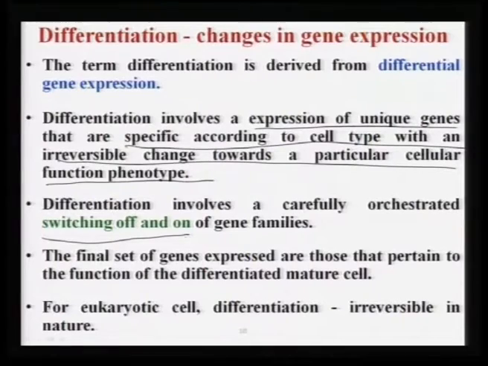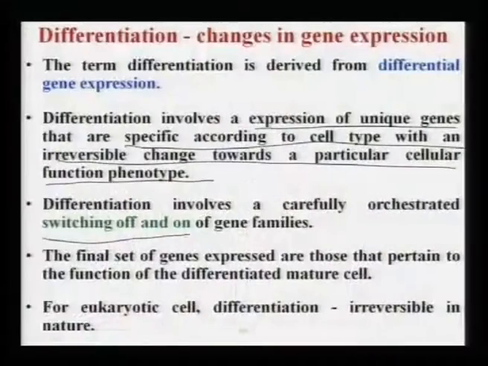What it means is that many genes are inactive, but the moment they get a certain signal for cell differentiation to take place, those inactive genes are switched on. So, they become active. Once the differentiation process is over, they again become inactive. So, it goes through a switching off and switching on type of process.